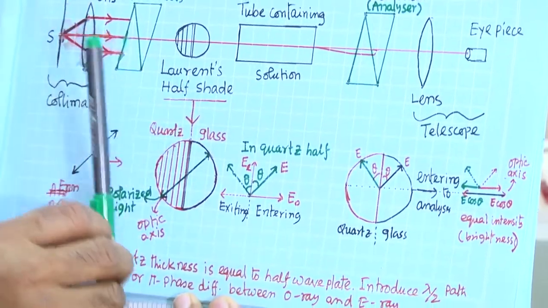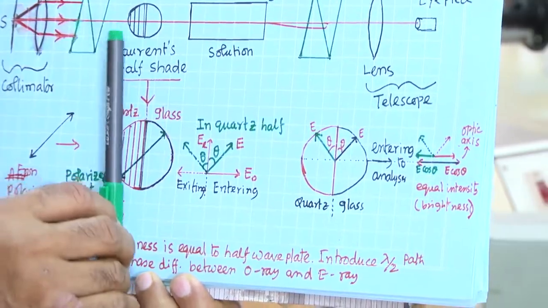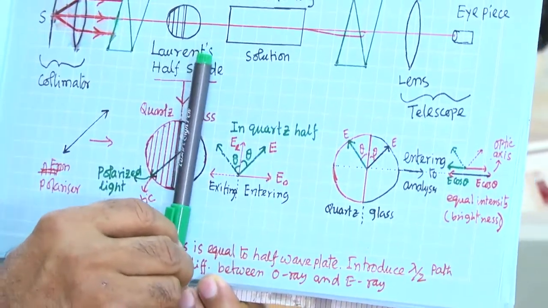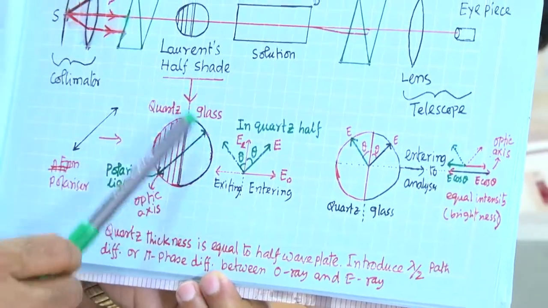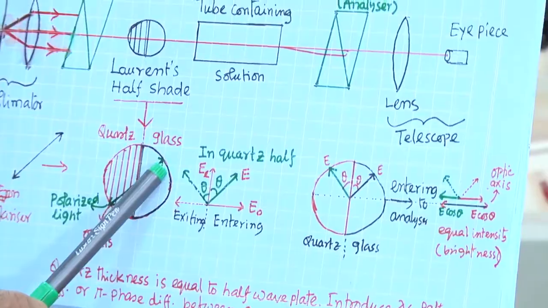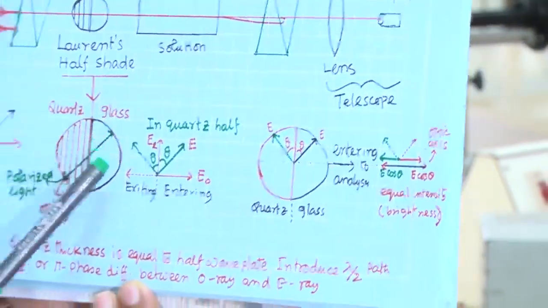The other semicircle is made of simple glass, and its polarization is not affected by this glass.